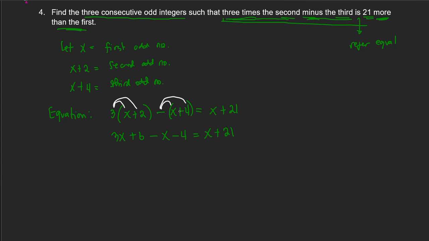Kasi iba yung operation ng negative, iba din yung operation ng x plus 4. Okay, that's why we have negative x and negative 4. So this part, kailangan na natin is combine. So we have 2x, then 6 plus 4, that is positive 2 is equal to x plus 21.